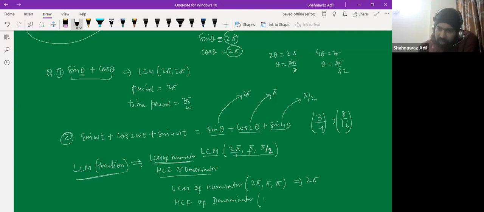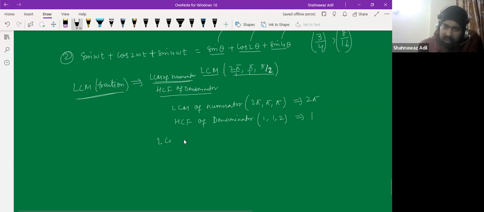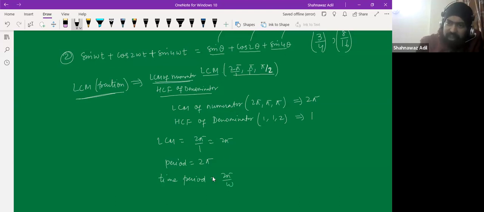That would be 1 and 1 and 2, so HCF would be 1. So the LCM of this would be 2 pi by 1, so that would be 2 pi. So this is the period that we will get. And time period would be how much? That would be 2 pi by omega. Is it clear, guys? Is it clear?